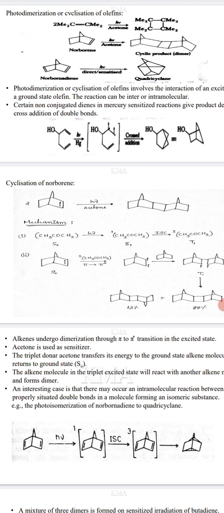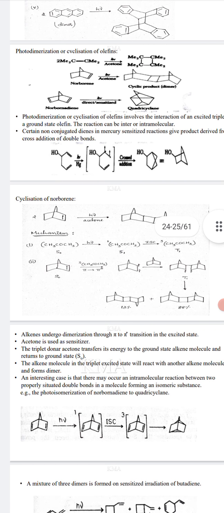The triplet donor acetone transfers its energy to the ground state alkene molecule and returns to the ground state. The alkene molecule in the triplet excited state will react with another alkene molecule and forms a dimer. An interesting case is that there may occur an intramolecular reaction between two double bonds in a molecule forming an isomeric substance.